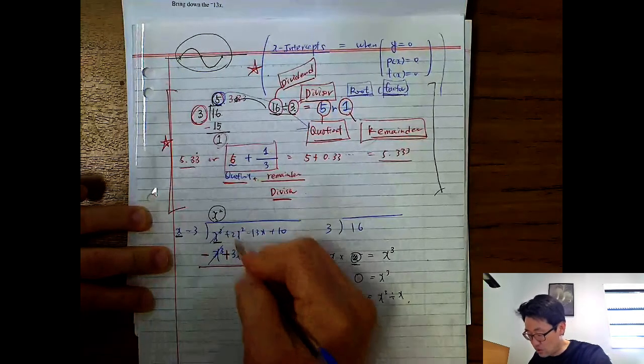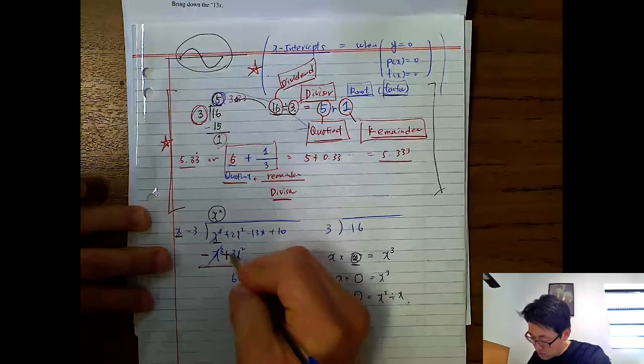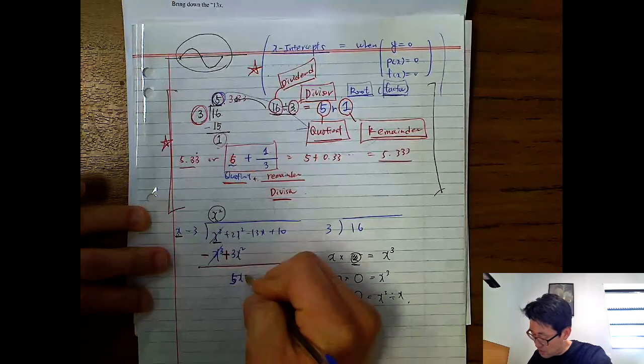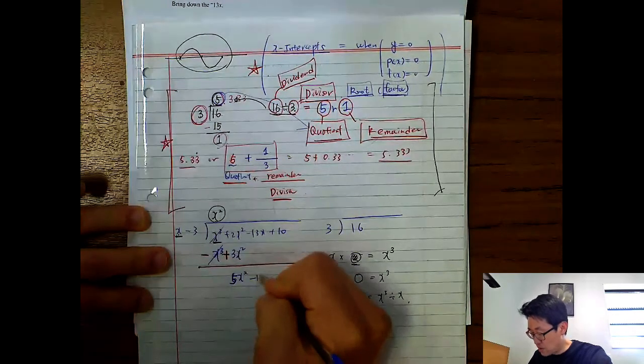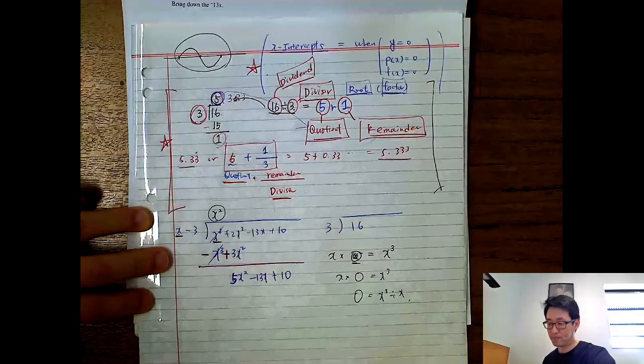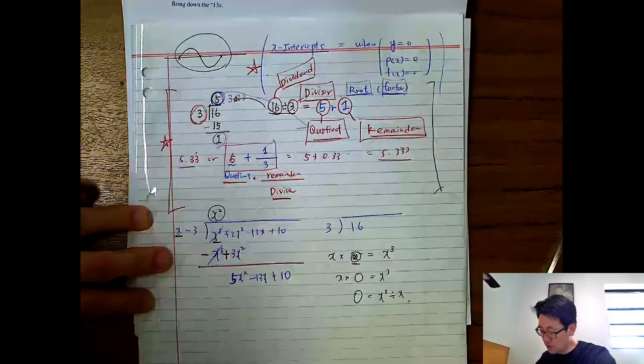All I need to do for the second bit: 2 plus 3, 5. So 5x squared minus 13x, because it's 0, plus 10. Good. Let's continue.